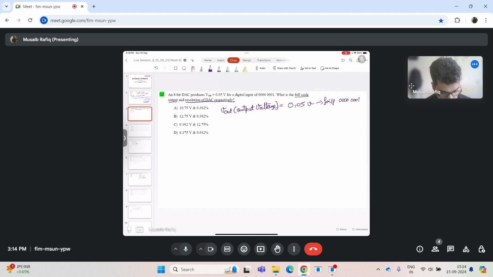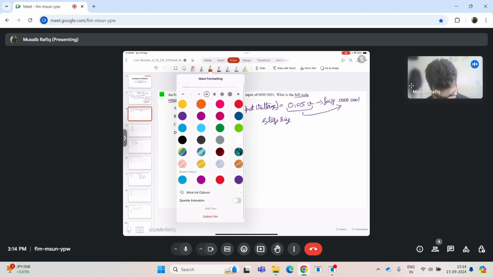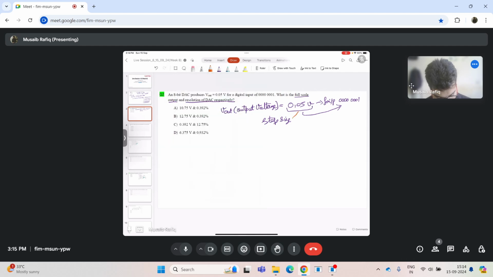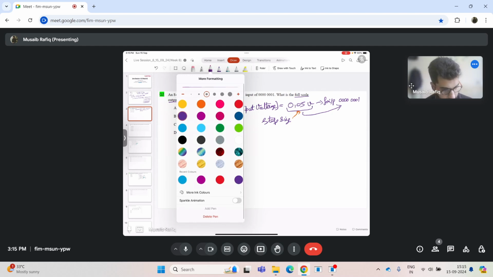So what does this imply? If we are having this output for this input, this is nothing but step size, because the input 1 will only move one step. So what is that one step? It is simply your step size, right?